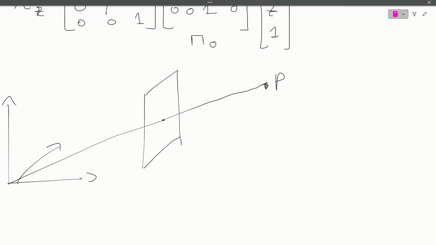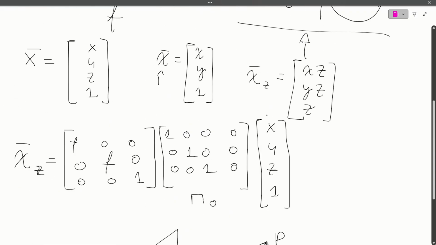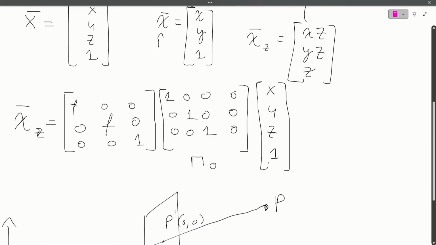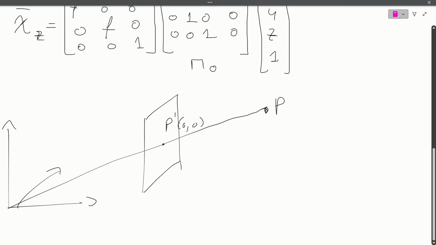The problem is that what we are finding is p prime, and we are supposing that p prime is the origin of the image plane. It's like 0 0. If we don't add anything here, we are supposing that p prime is the origin of the image plane.